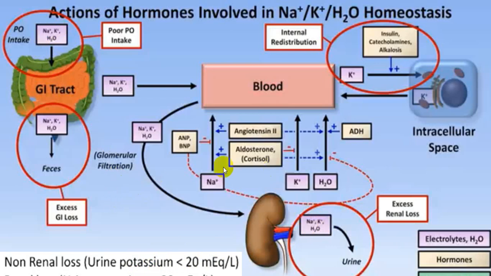And then we also search for other causes like cellular shift, which can be there because of insulin, catecholamines, metabolic alkalosis, excessive glucose, etc. This will be internal or intracellular redistribution.